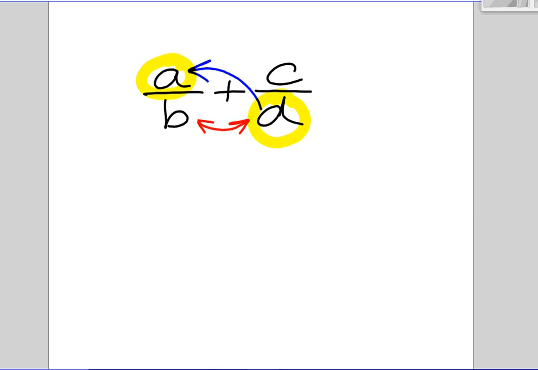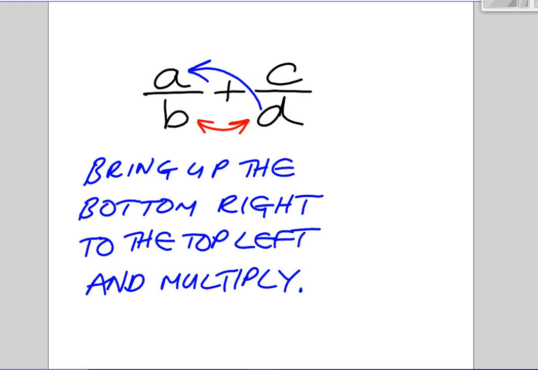Then what we're going to do is take the bottom right-hand part of the fraction up to the top left of the other fraction and multiply those together. So that's A times D. Just take the bottom right up to the top left and multiply.